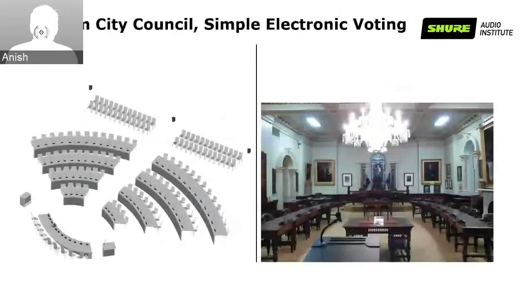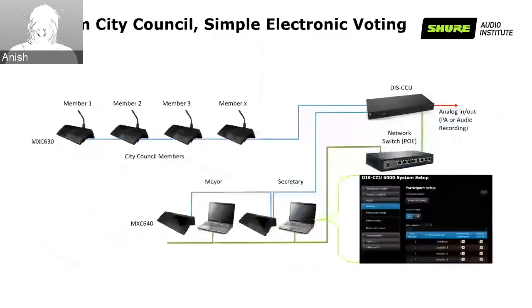So moving on to a medium city council with a simple electronic voting kind of scenario, it would require advanced functionality where voting and visibility to an agenda is required for at least the chairman and the chairperson and the secretary. So MXC 630 and 640 are ideal candidates for this particular application.